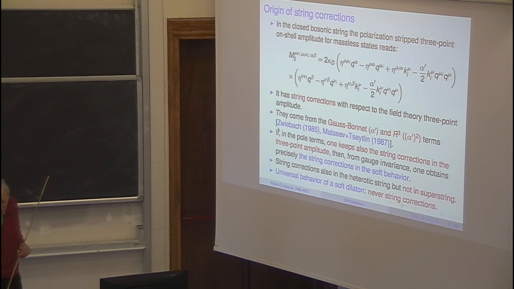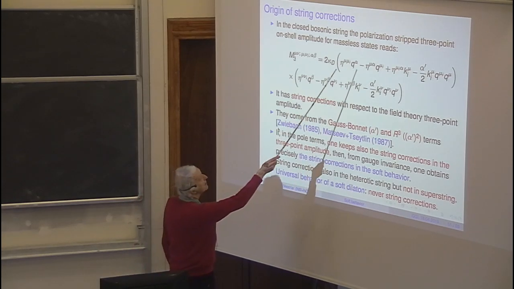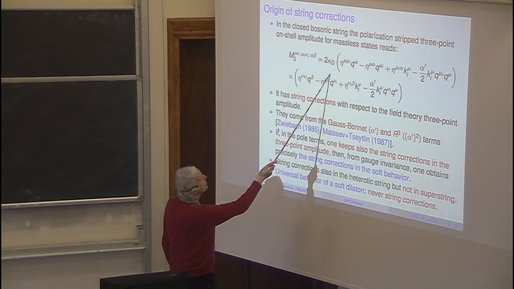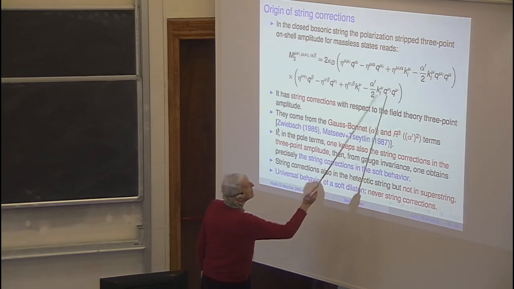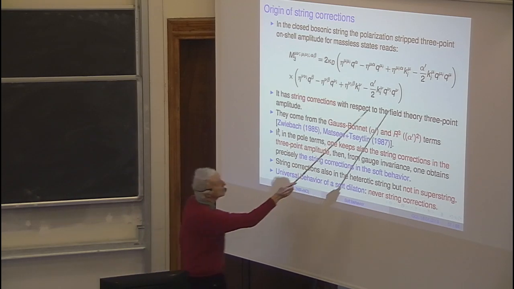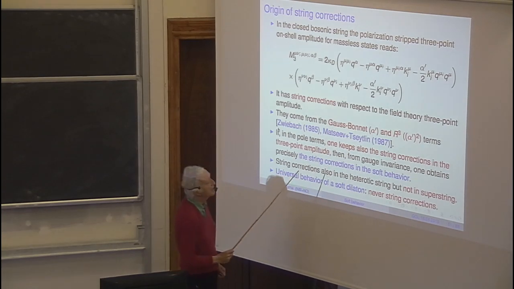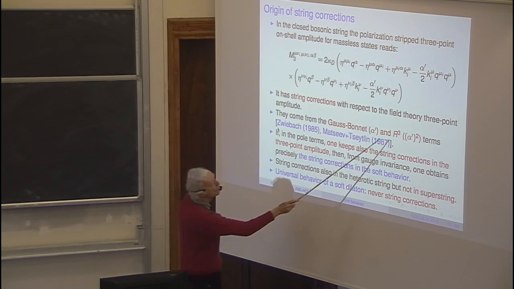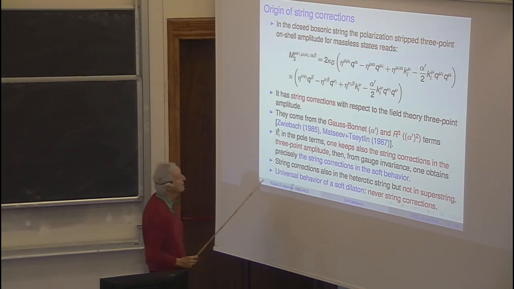Now, let me discuss the origin of string correction. In the closed bosonic string, if you consider the amplitude without the polarization, the 3-point function contains also string correction. The corrections of alpha prime come from the Gauss-Bonnet term, and R cube, alpha prime squared, from the R cube term.